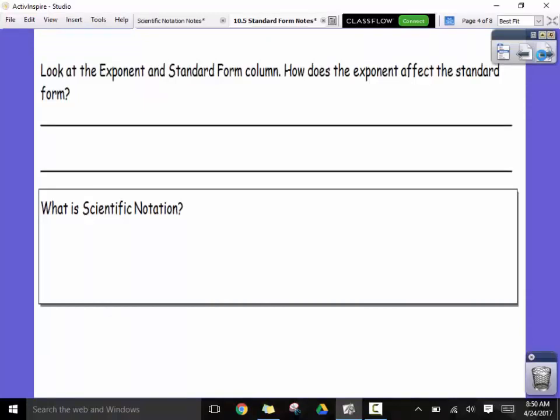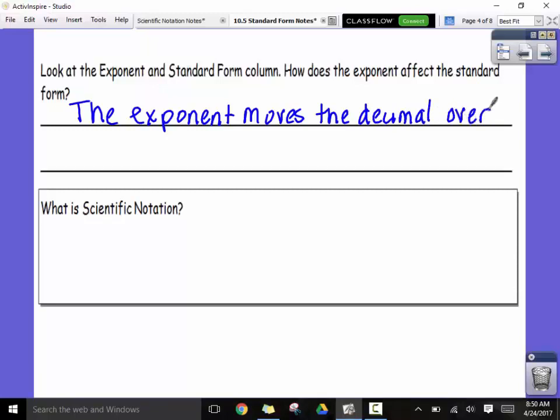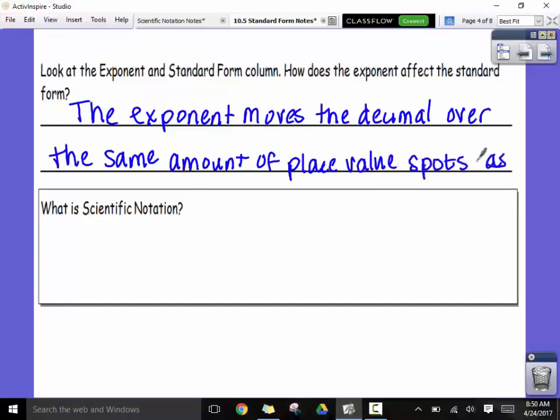The exponent moves the decimal over the same amount of place value spots as the exponent says. So I'll show you that here.